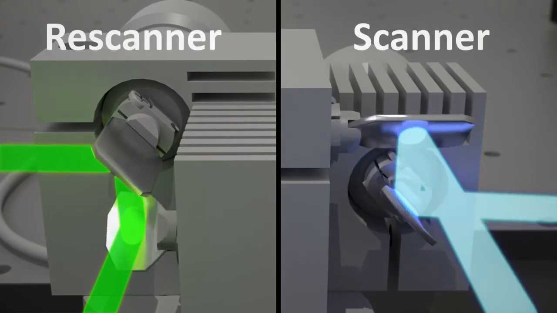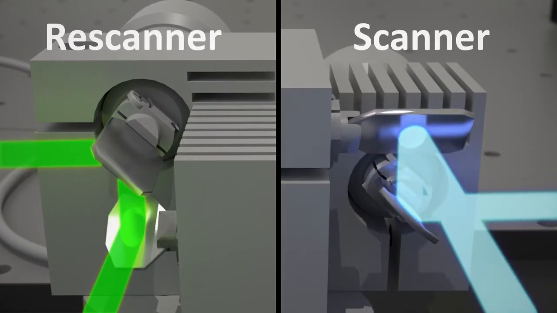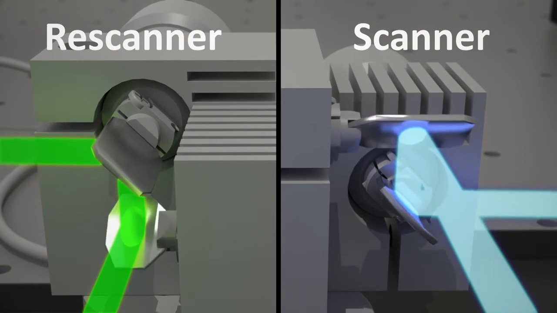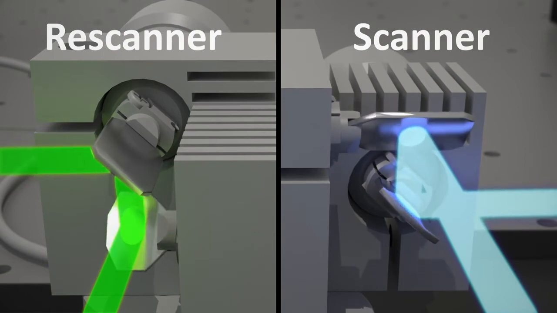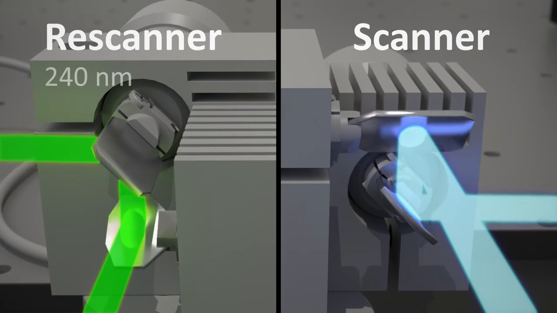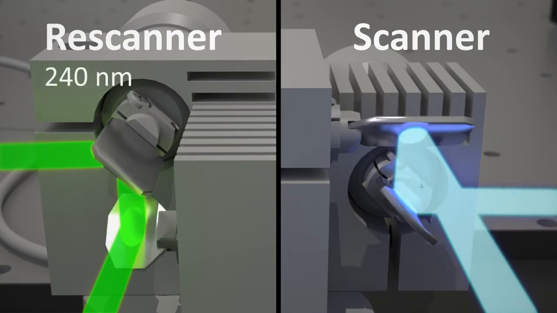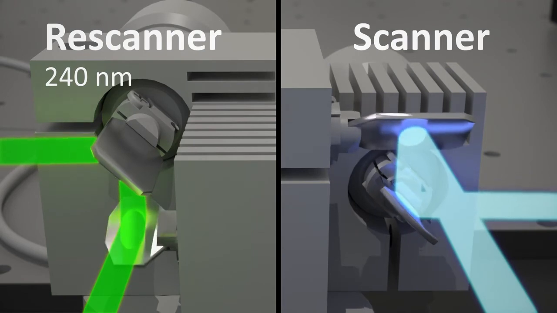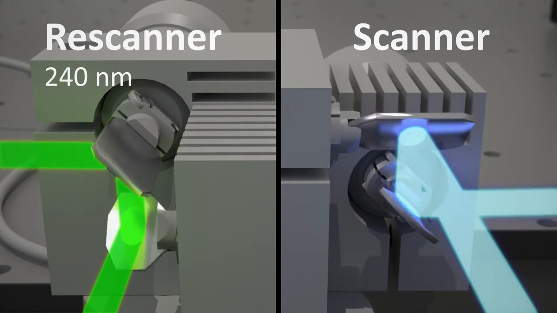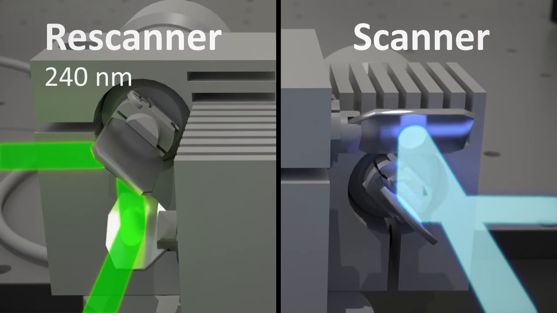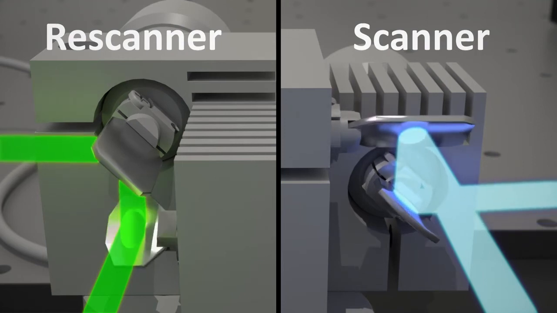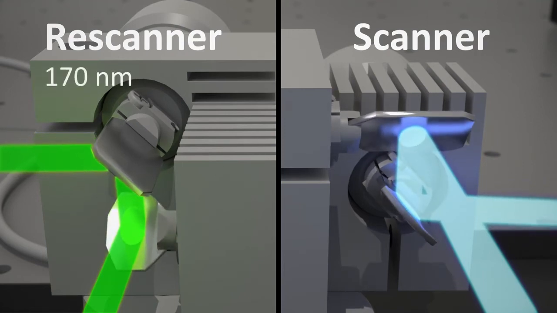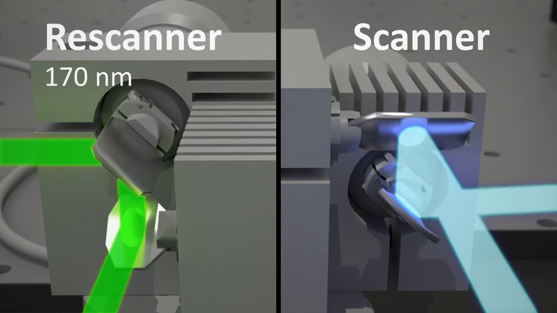When the sweep of the scanner and rescanner are identical, the RCM is converted to a conventional confocal microscope with a diffraction-limited resolution of 240 nanometer. But when the sweep of the rescanner is doubled, the RCM is converted to a confocal microscope with improved lateral resolution. The result is a resolution of 170 nanometer.